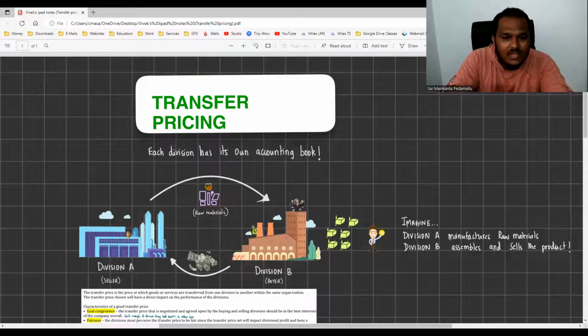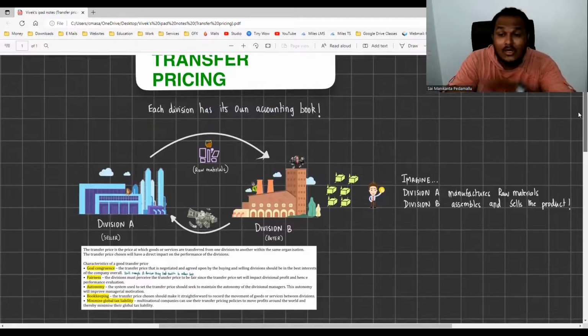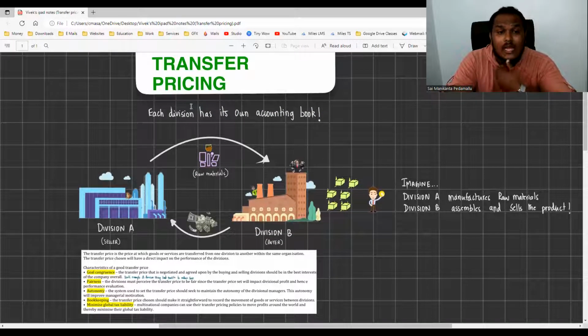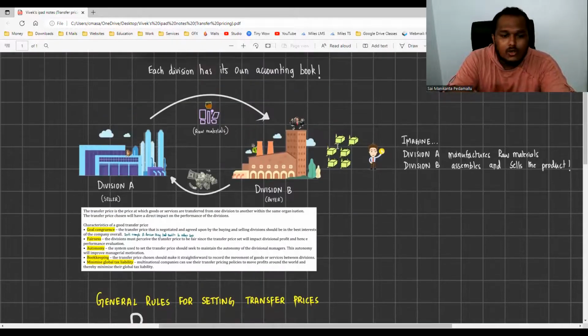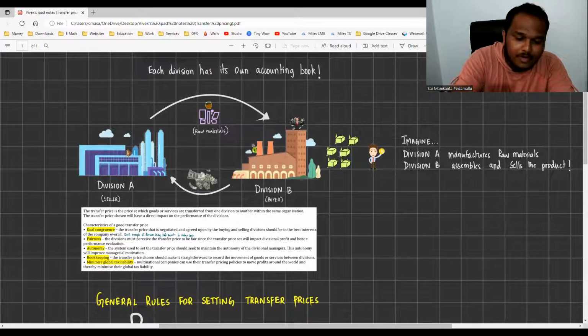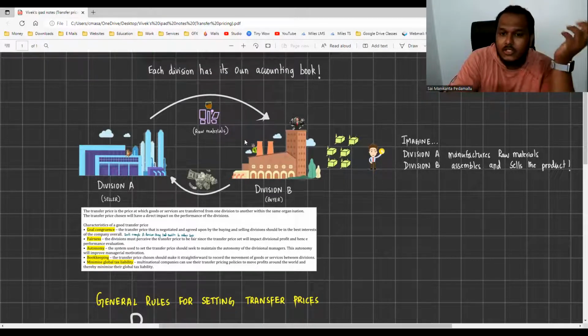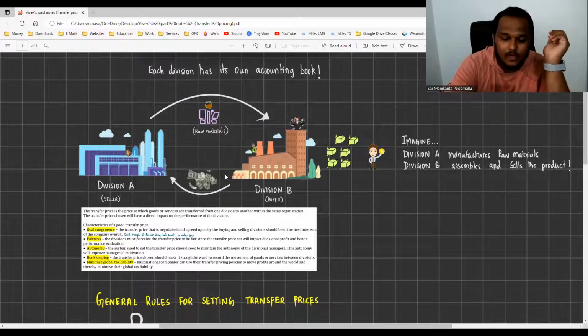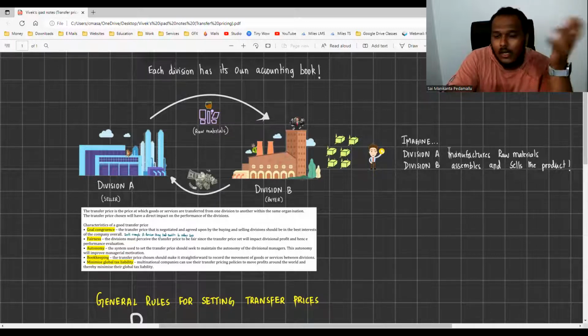Each division will have its own accounting books, obviously, and each division would want its profits to be higher so that the divisional manager can get higher performance-related bonuses and all. Here he is showing a small example where you have two divisions in your company and one division is transferring certain goods or services to another division. And what are the prices?